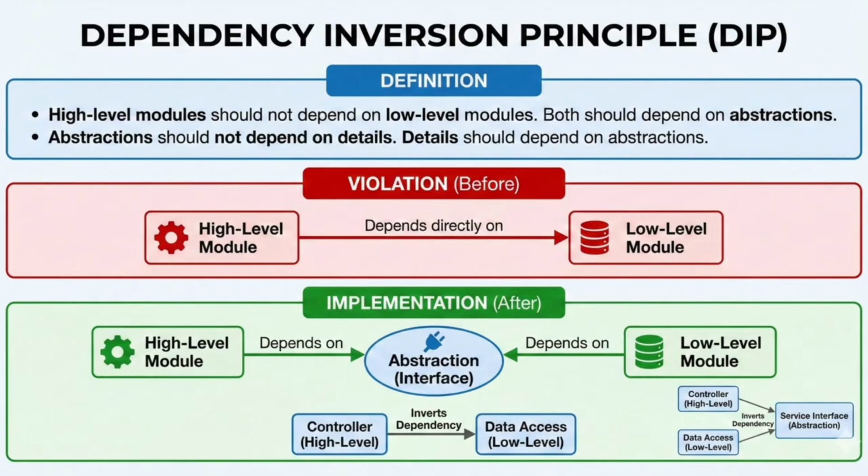Imagine this scenario. Your business layer is directly connected to SQL Server. After a few months, your client says, "We want to migrate to MongoDB." Now what happens? You are forced to touch your business logic, rewrite code, modify multiple places, risk introducing bugs, and spend unnecessary effort.